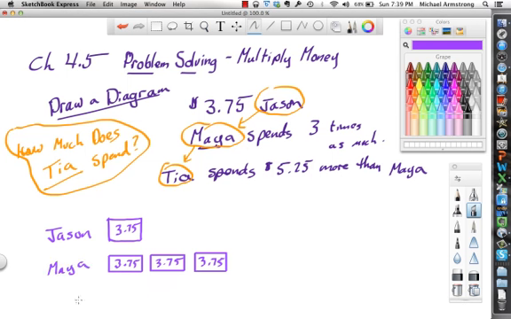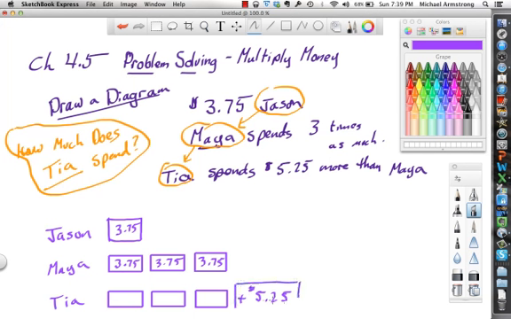Okay, and then Tia spends $5.25 more than Maya. So we have to remember that Tia spends the same amount as Maya, which means that she spends 3 times Jason. Okay, but then she also spends another $5.25. Now they put a box around this too, but I'm not sure we need to do it exactly like they did.